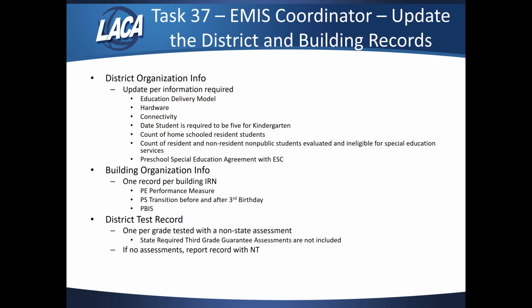If you did not assess grade 3, then on that building, you would put the number of 3rd graders that there was no testing done for this band in this building. But you would leave the others blank.